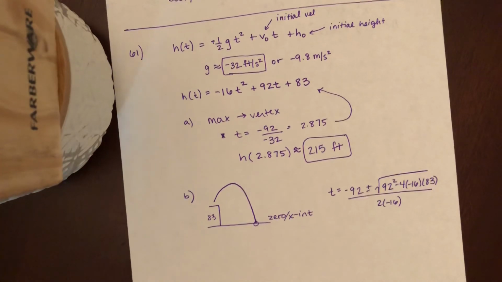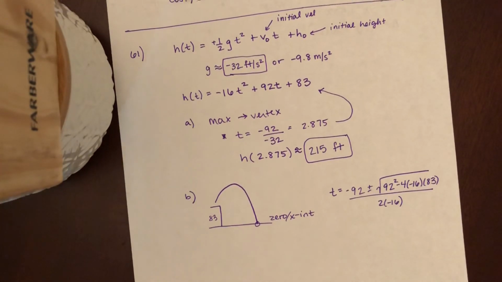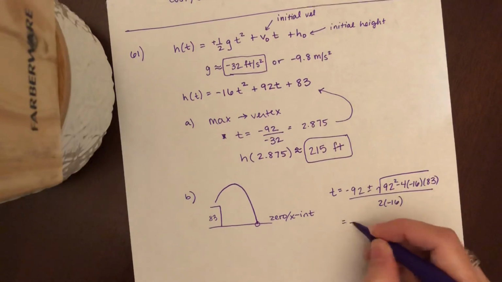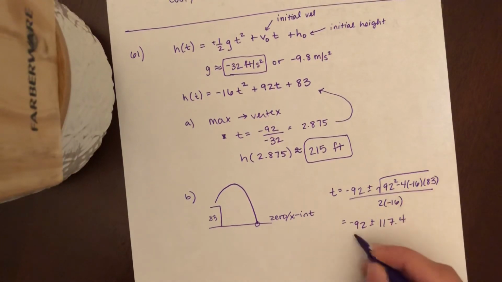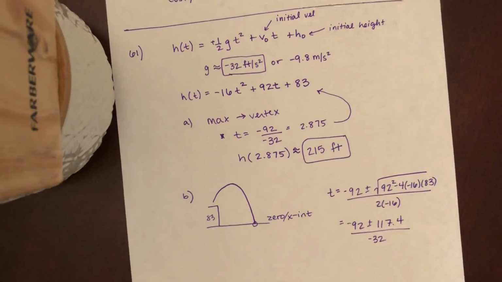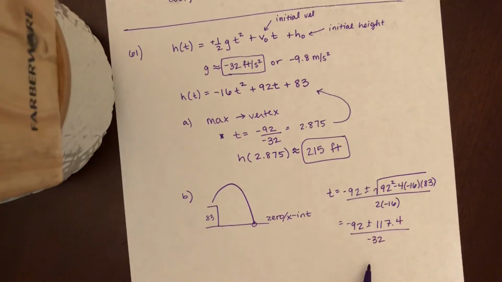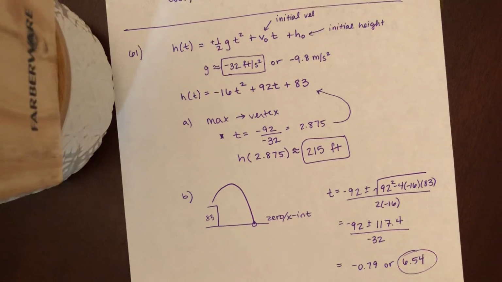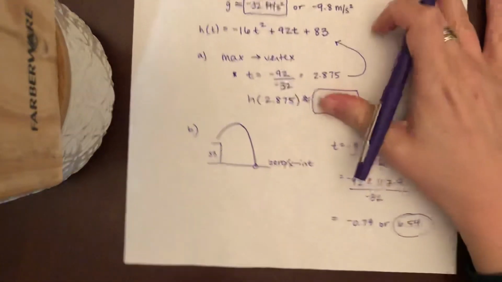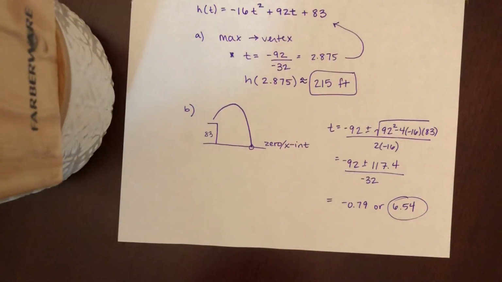I think it's like 13,776. So the square root is going to be some decimal. Then you can subtract from the numerator and divide by negative 32. We get negative 0.79 seconds or 6.54 seconds. Pick the positive answer. Okay, so there's your answer for part B.